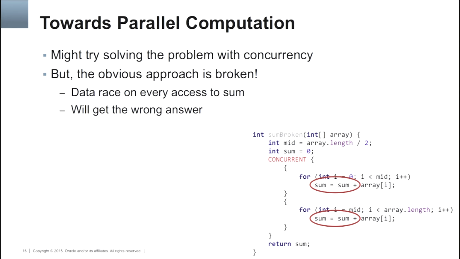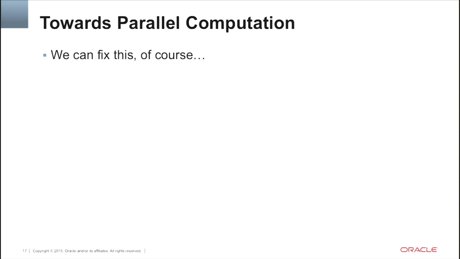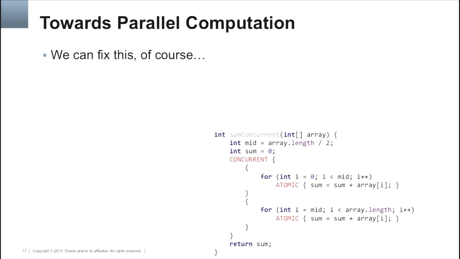So let's fix this. If you're writing concurrent code, you want to coordinate access to mutable state. So let's try fixing that with the obvious thing. Maybe you've got some locking primitive or some atomic primitive. So you wrap the thing that accesses the sum in an atomic block, and we're done, right? What do you think of this example?